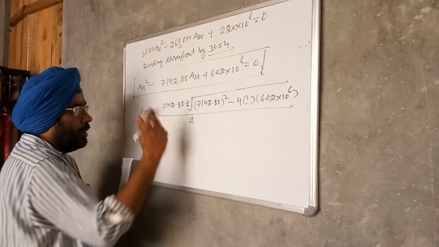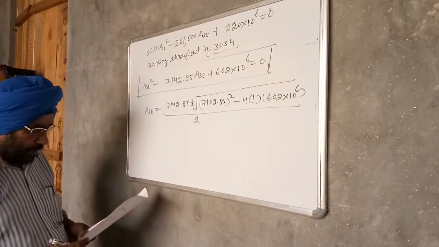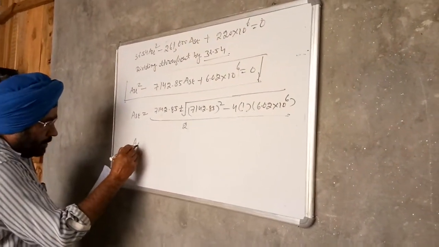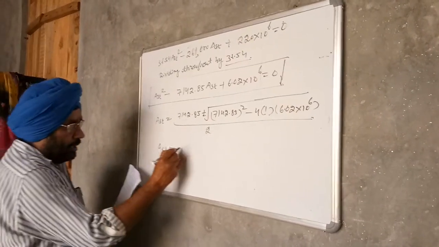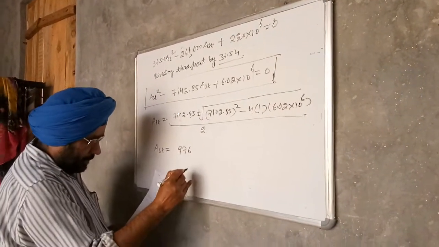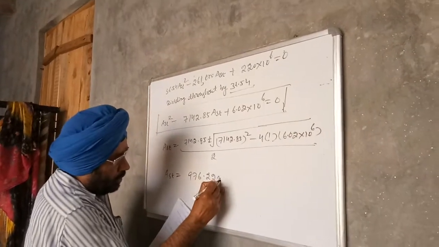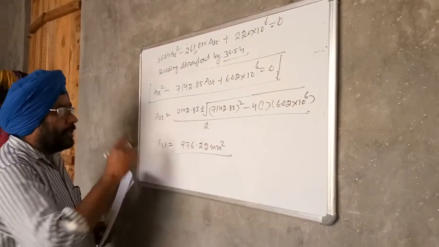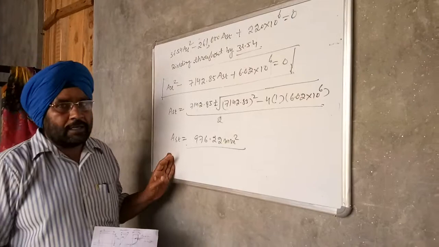So A is equal to 1. By solving this equation we get the area of the steel AST is equal to 976.22 square millimeter. So this is the required answer.